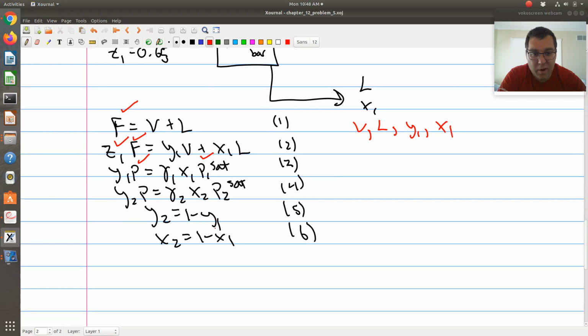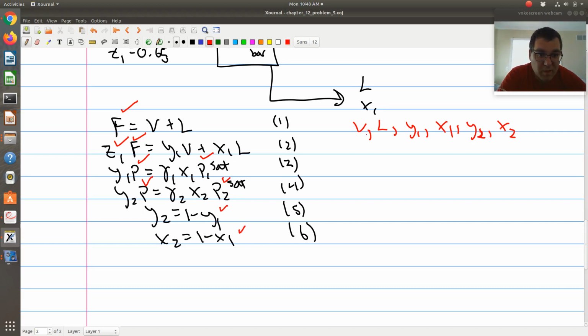Again, if you wanted to, you could list your expressions for gamma 1 and gamma 2 here. You'd have two more equations to get those two unknowns. Then I have Y2 and X2 as unknowns in equation 4, and then I've got my two constraint equations here.